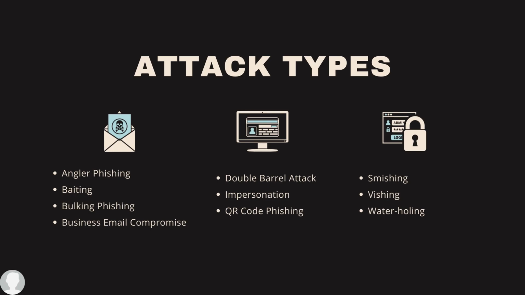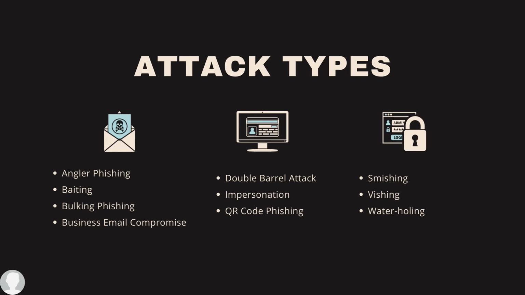Baiting is where the attacker leaves malware infected portable media in locations for other people to pick up and then deploy an attack on their machine. Bulk phishing is the simplest, where they just send large numbers of attacks with generic messages with the hopes of a small audience actually falling for it.